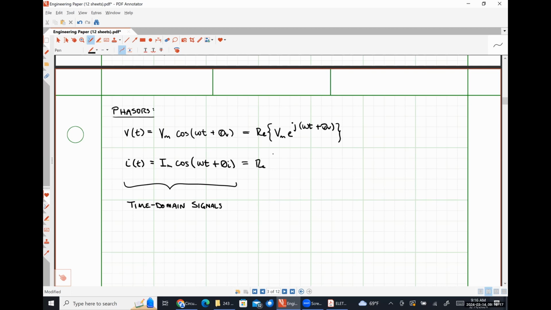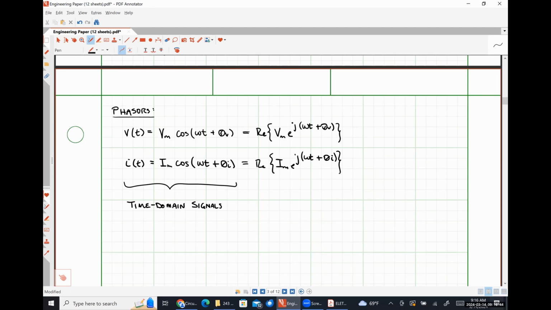And that current waveform is just the real part of Im e to the j (omega t plus theta i). So we can observe something fairly interesting here, or at least interesting to me. I'm a big dork who loves electrical engineering.